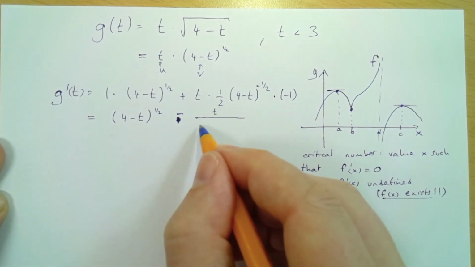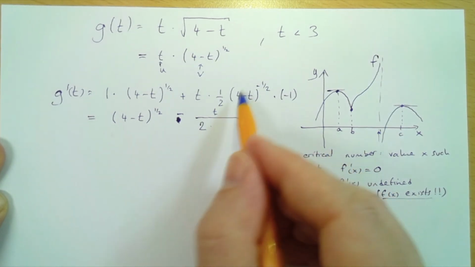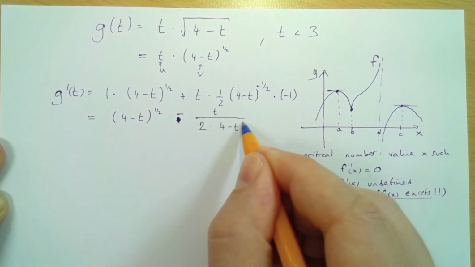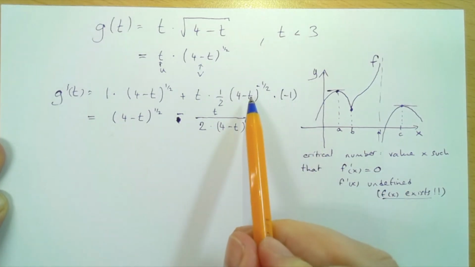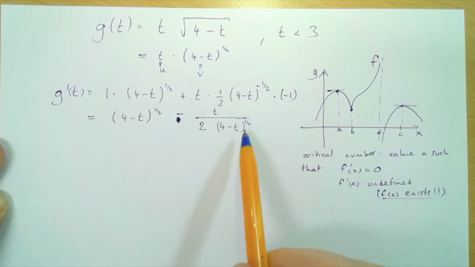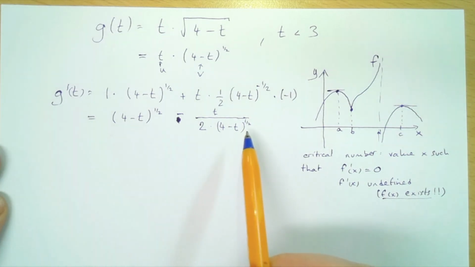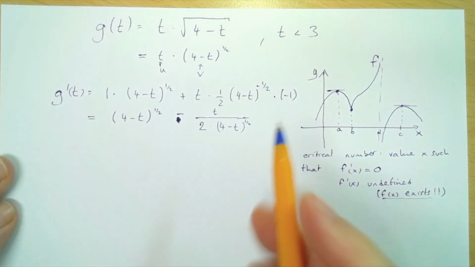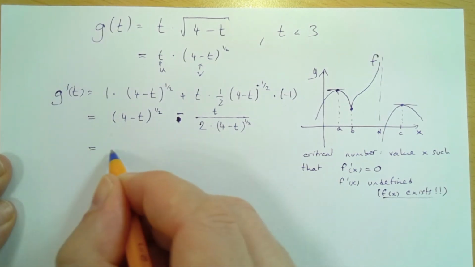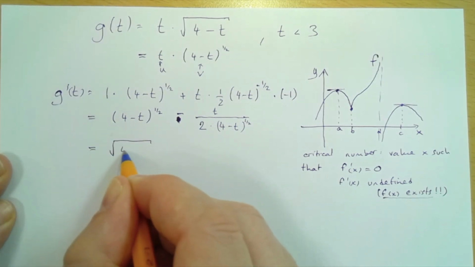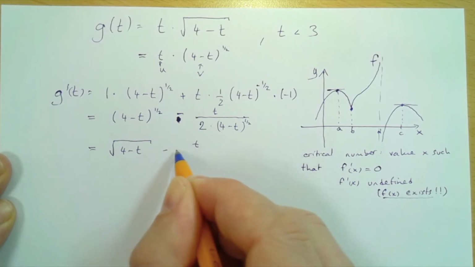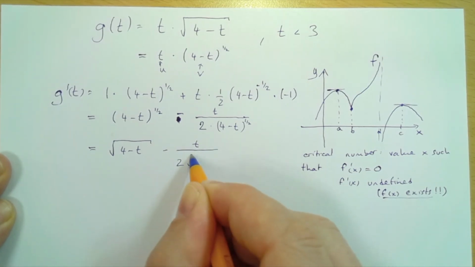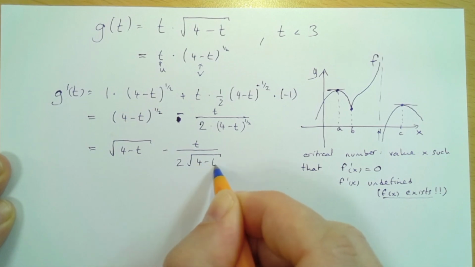We have 2 at the denominator, and we have 4 minus t to the power of 1/2. So this power of negative 1/2, now I put it at the denominator, and this is what it looks like. Maybe it's even easier to write square roots now. It's the square root of 4 minus t minus t over 2 square roots 4 minus t.